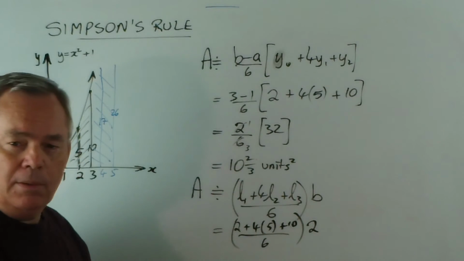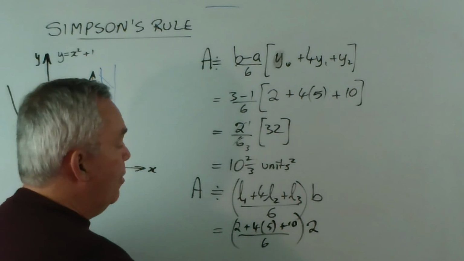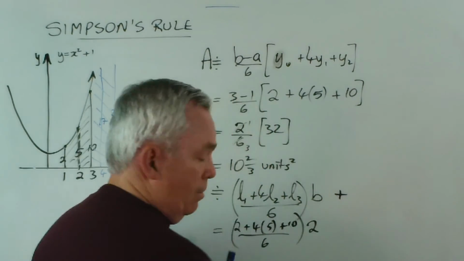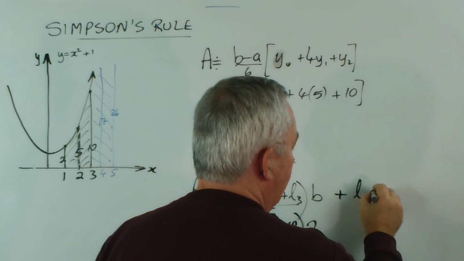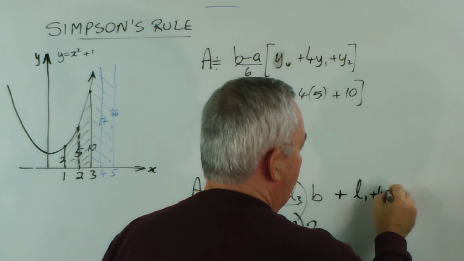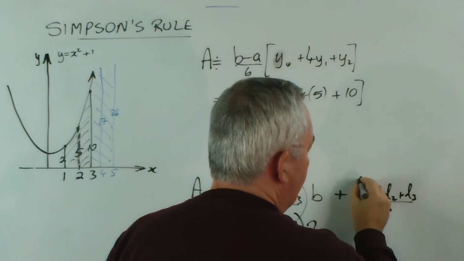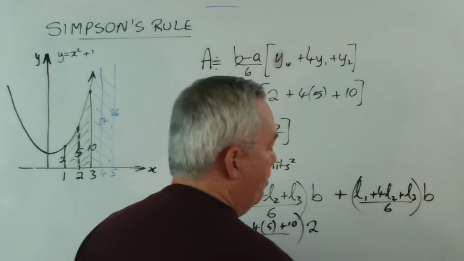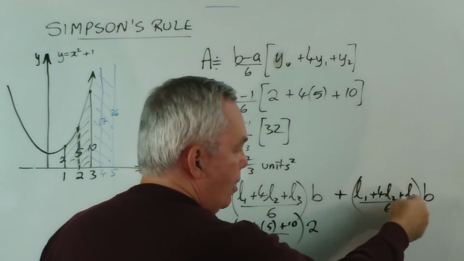How would that be shown with these formulae? With my formula, with students who struggle, I would just say write the same formula out again. L1 plus 4 L2 plus L3 over 6 times your breadth. And that is our average length times breadth.